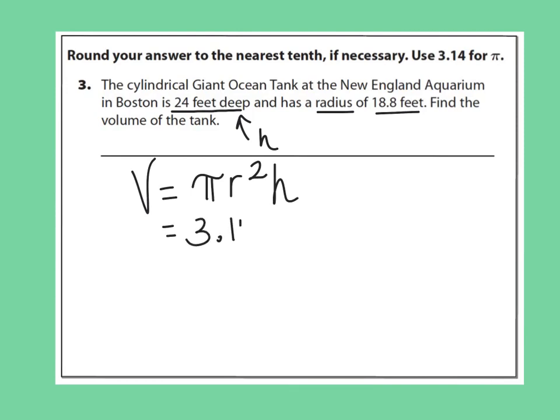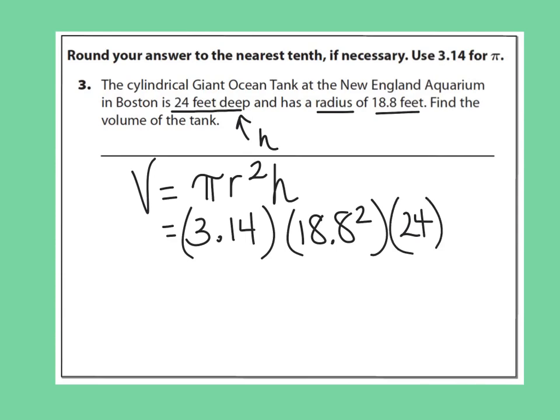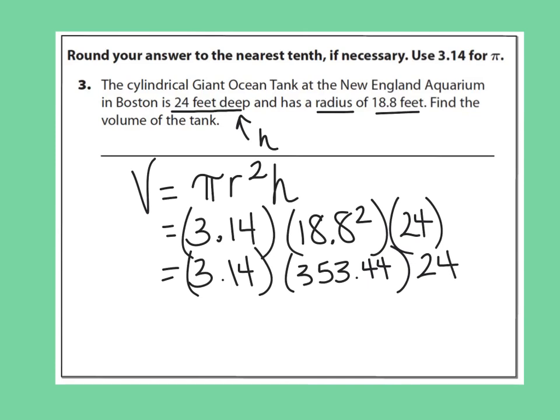I'm going to use 3.14 as my directions tell me. My radius is the 18 and 8/10 feet, so I'm going to do 18 and 8/10 squared times my height, which is 24. When I evaluate my exponent, I end up with 353 and 44/100 times 24.